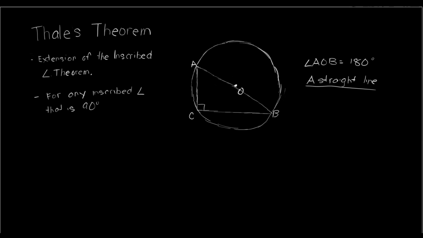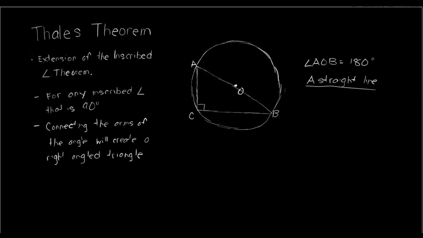And I'm just writing it down to repeat what I said before. For any inscribed angle that is 90 degrees, connecting the arms of the angle will create a right-angled triangle inscribed inside the circle, by the way.